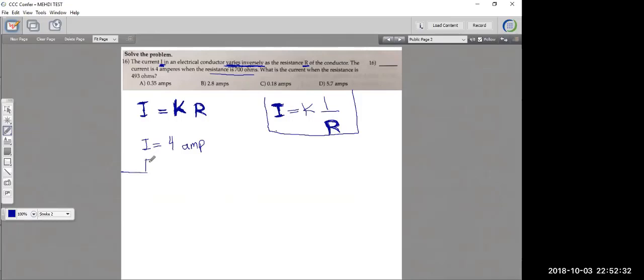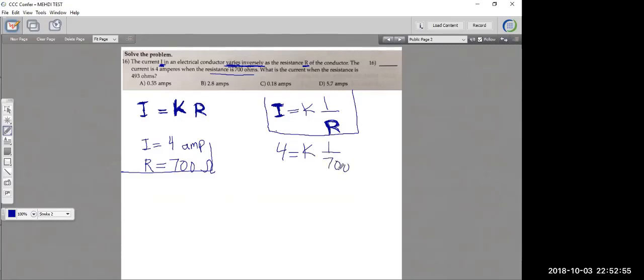So they're giving you that initial condition. Okay, that's a symbol for ohms. So they're saying that when I is equal to 4, R is equal to 700. So all I need to do is just substitute that into this formula and solve for k. That's the only unknown.